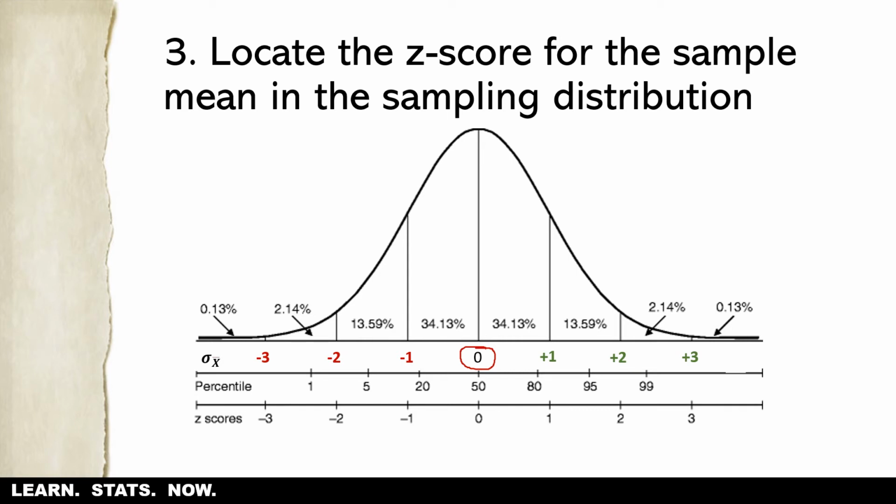So we have standard error units here, and then the question is, where are we going to locate our z-score? Now, the z-score that we just calculated is in standard error units. So as a result, these numbers are going to perfectly align. When you look at standard error units and z-scores, they're going to be exactly the same spot.